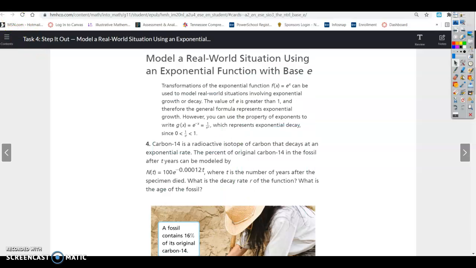8.2, task 4. Model a real-world situation using an exponential function with base b. Transformations of the exponential function f of x equals e to the x can be used to model real-world situations involving exponential growth or decay. The value of e is greater than 1, and therefore the general formula represents exponential growth.